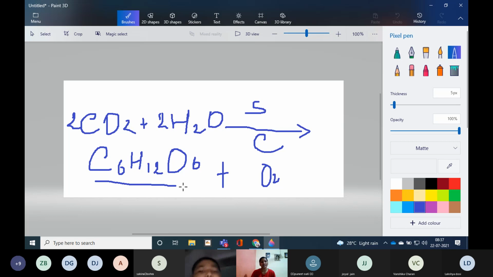So the C6H12O6 and this oxygen, both of them are the end products. EP stands for end products. Okay, so both C6H12O6 and oxygen are the end products.